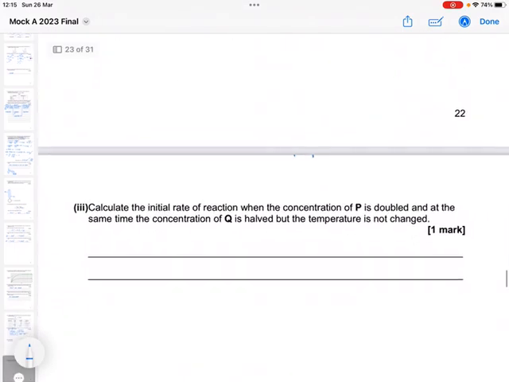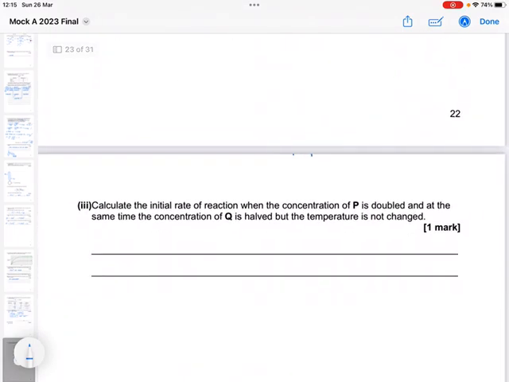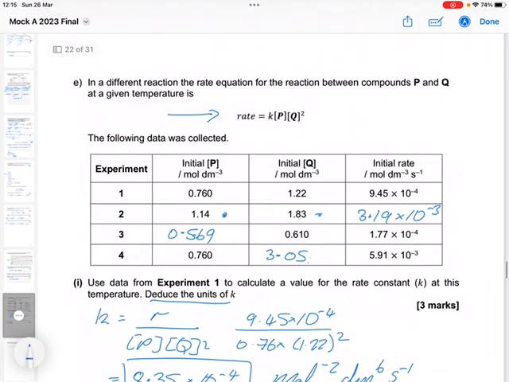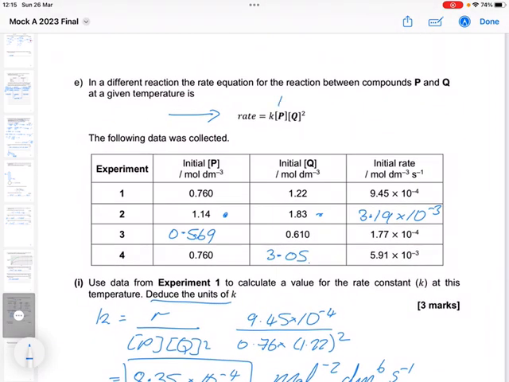So calculate the initial rate of reaction when the concentration of P is doubled and at the same time the concentration of Q is halved. So P is doubled and Q is halved. Let me go back up to here. So that is doubled and that is a half, which is a half squared.